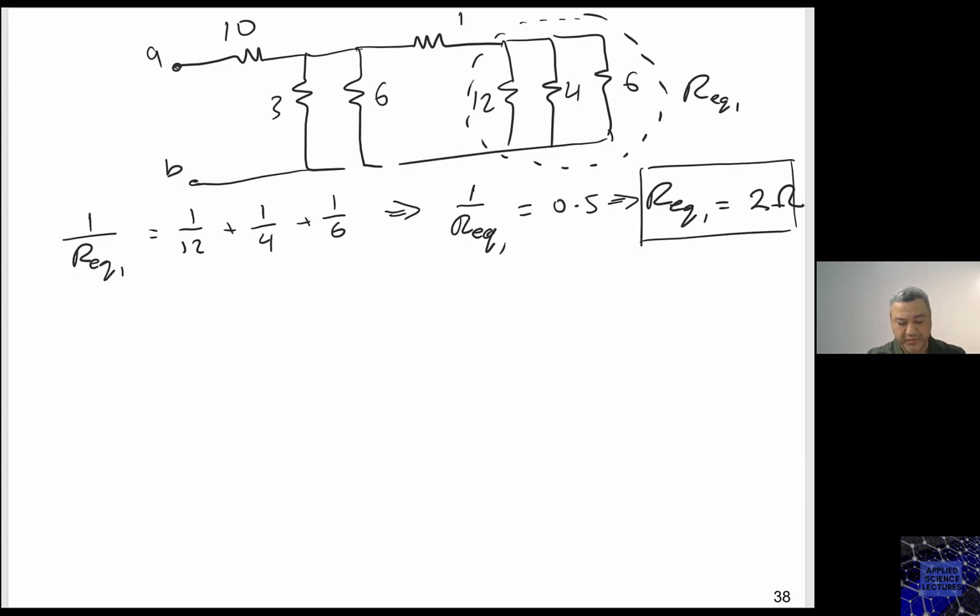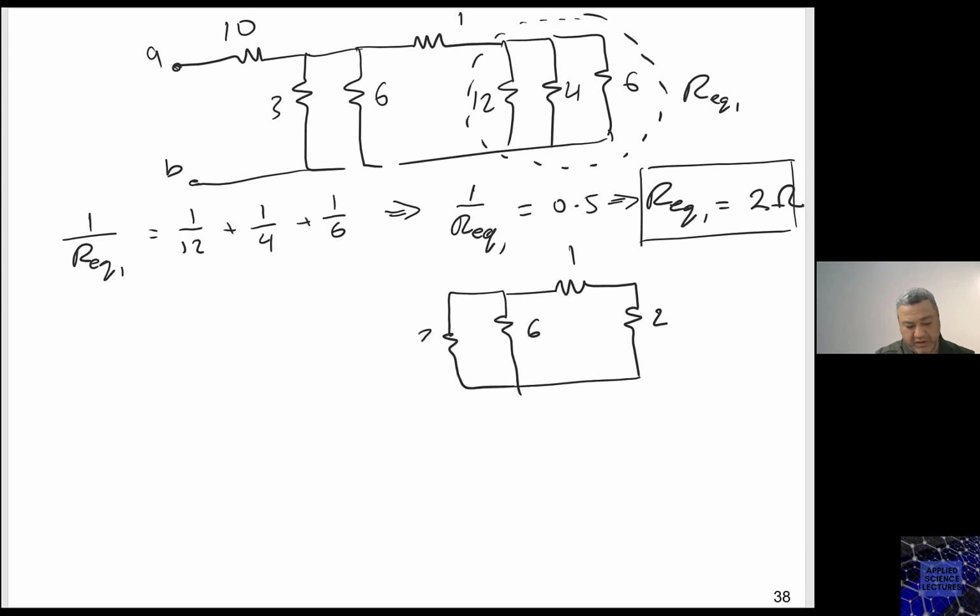So this is 2, and then this can now be simplified into 6, 3, 10.